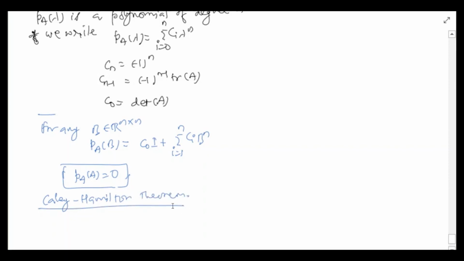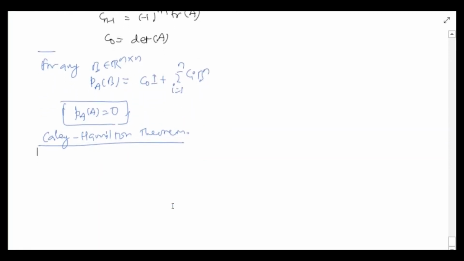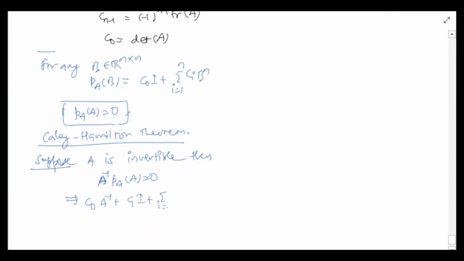One of the uses of the Cayley-Hamilton theorem is in finding the inverse of matrices. Suppose A is invertible, then from the Cayley-Hamilton theorem, A inverse times P_A of A will be 0, which implies that c_0 A inverse plus c_1 I plus the sum over i equals 2 to n of c_i A raised to i minus 1 is 0.